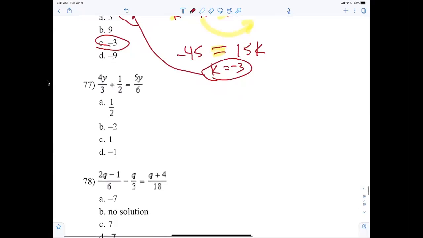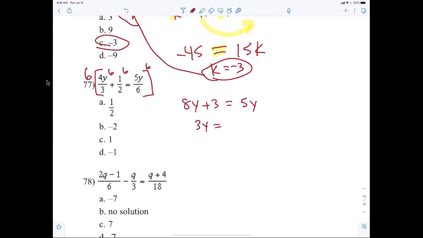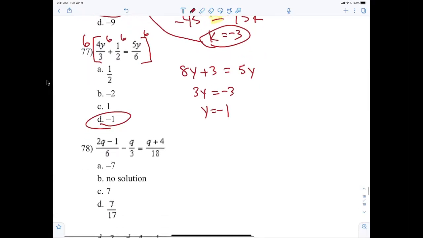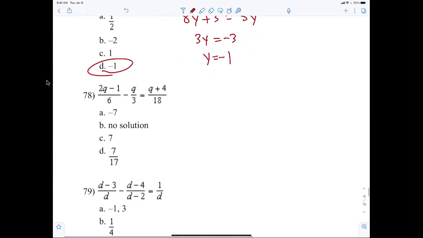All right, now on 77, what do I multiply through by? 6. So you have to multiply one by 3. Since there aren't any variables in the denominator, there are no extraneous solutions. And then multiply the next one by 18.